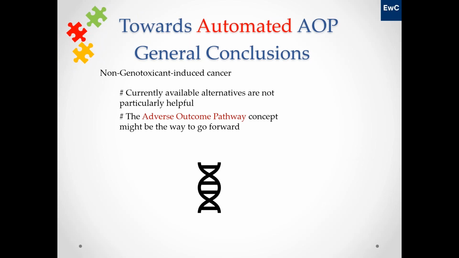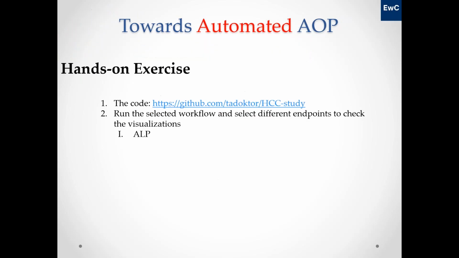Towards specifically non-genotoxic induced cancer, the alternatives are currently not very helpful, and maybe the AOP concept is the right way to go forward. Normally, this is linked to the code in GitHub, where the series of R codes are present.